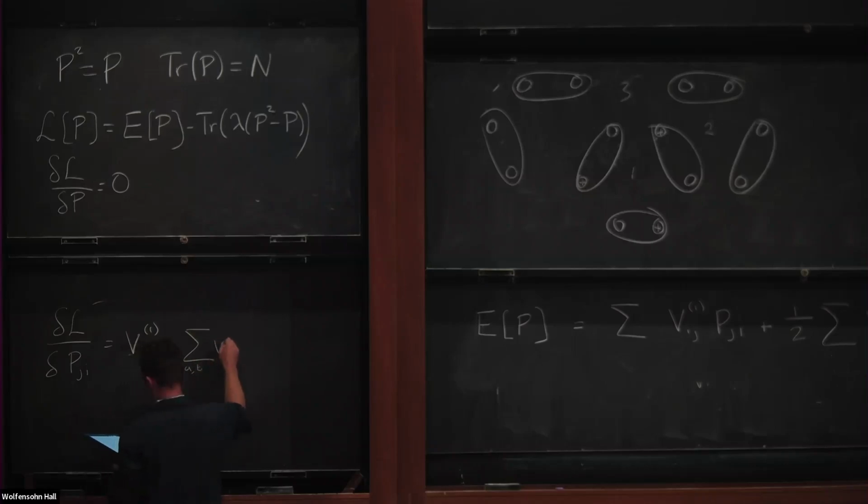Then finally, there's the Lagrange multiplier part. Here I'm going to suppress the indices because it takes a nice form. You get lambda P plus P lambda minus lambda.